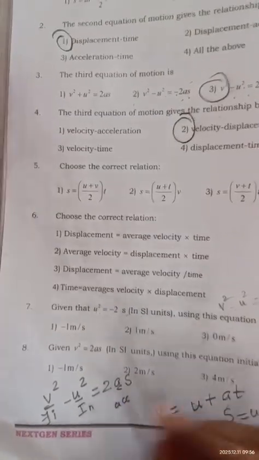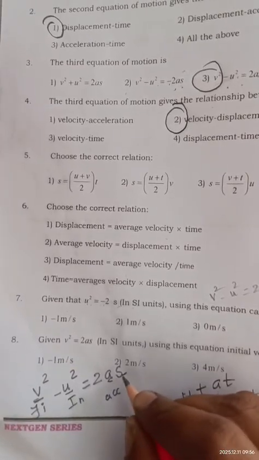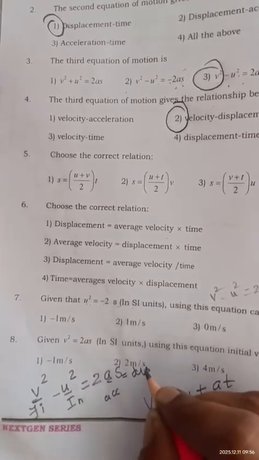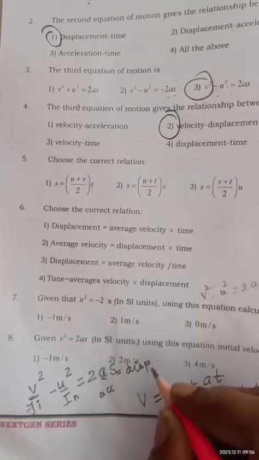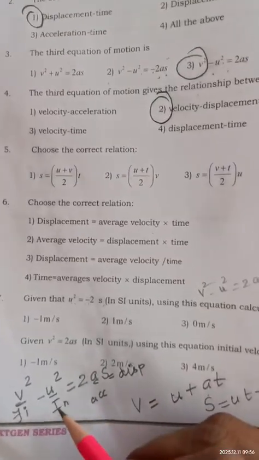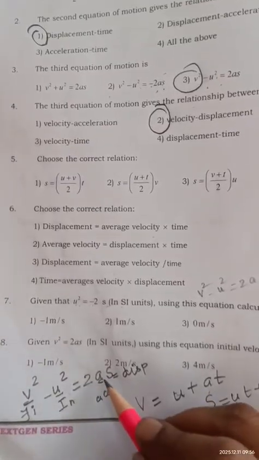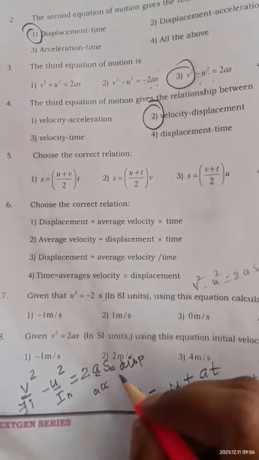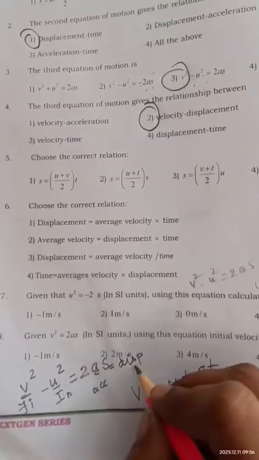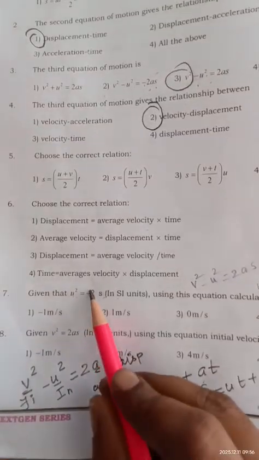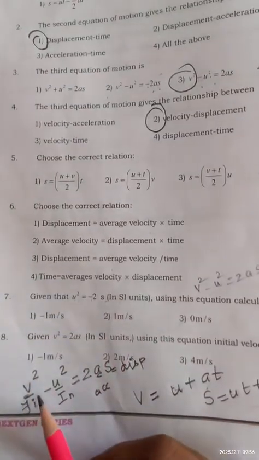You all know this already, right? And S represents displacement. Okay, let me ask you. V for final velocity, U for initial velocity, A for acceleration, S for displacement. Now, so this equation, it is in the form of third one.